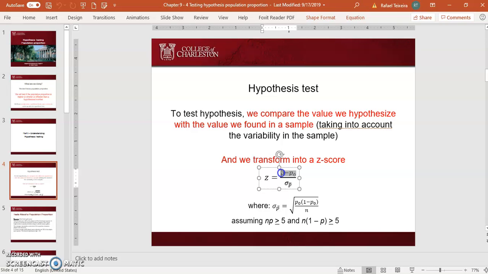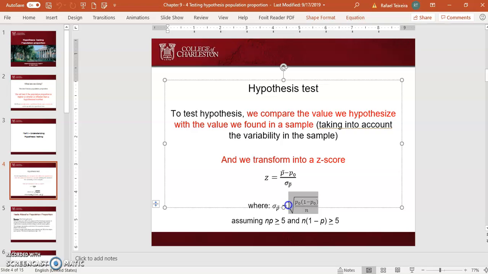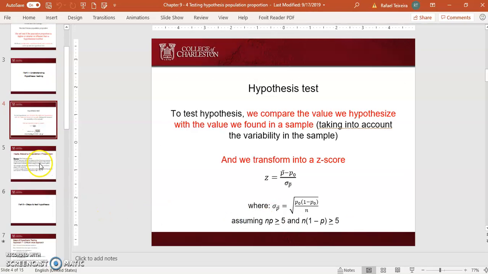Are they the same? Take into account the variability, the standard deviation of the sample proportion, which is given by this formula here, which you learned in chapter 7. Assuming this, we don't need to compute this anymore.